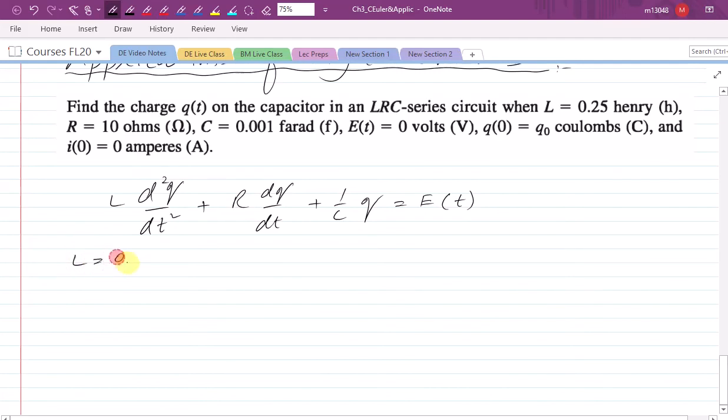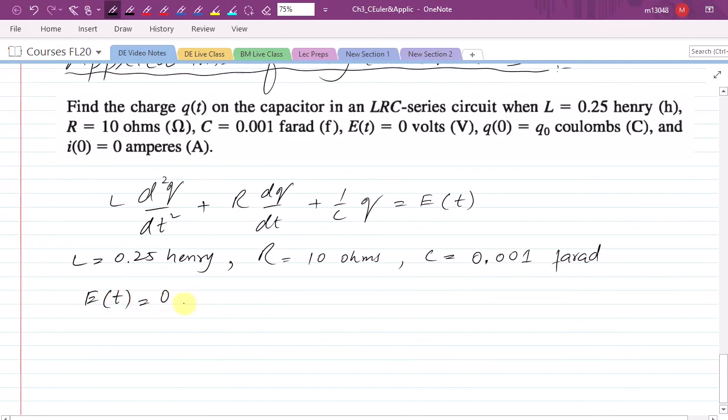What is the data given? L equals 0.25 henry, R is 10 ohms, and C is 0.001 farad. What else do we have? We have E of t equals 0, so it's a homogeneous equation.